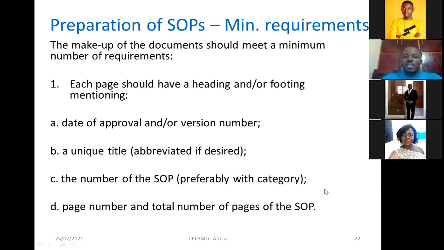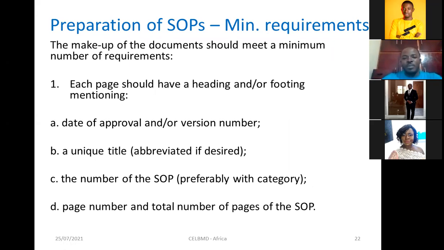How SOPs are prepared: we are looking at the minimum requirements. SOPs are also like internal memos, and every organization has a format for the development and distribution of their memos.